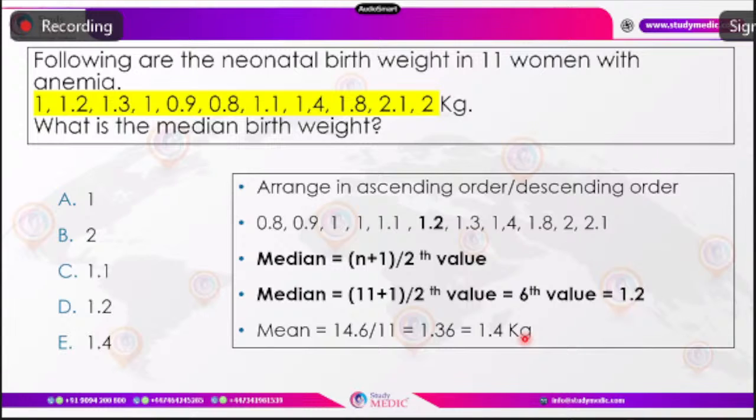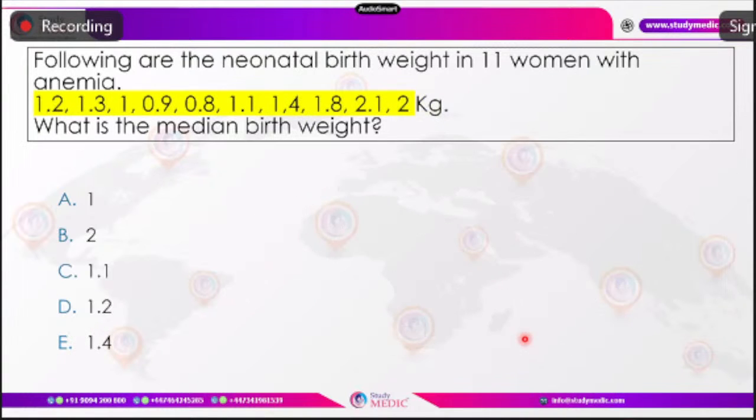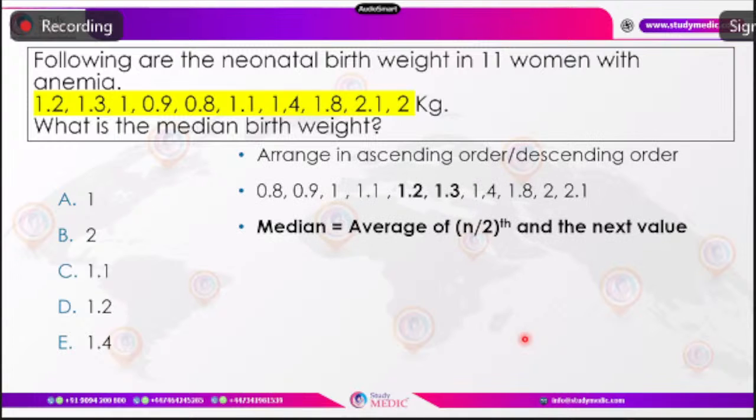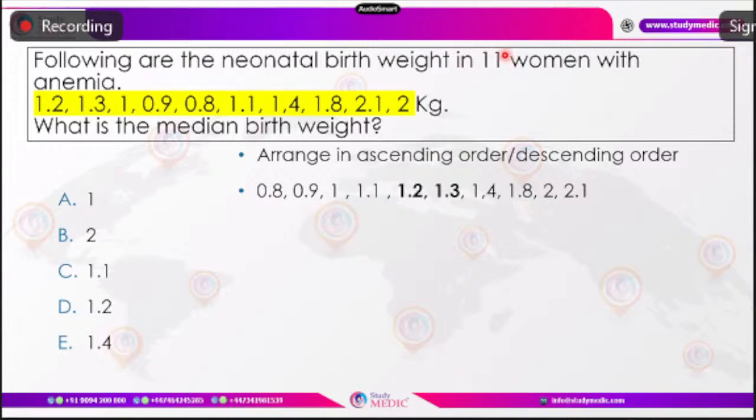Let us see what will happen when we draw a sample of an even number. Sorry, this is not 11. It is 1, 2, 3, 4, 5, 6, 7, 8, 9, 10. So now we have a sample of 10 here.